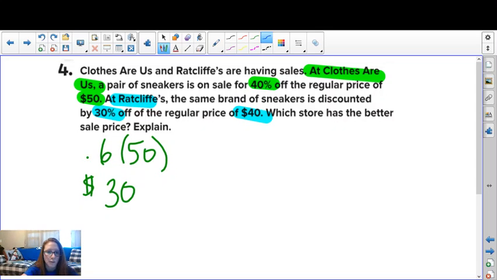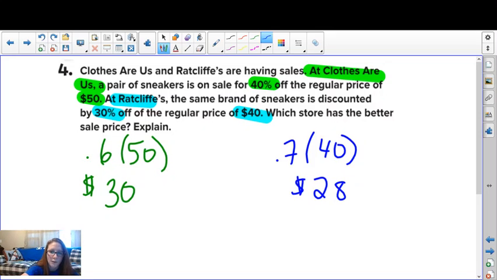And then if I were to go to Ratcliffe's, it would be 30% off. So 70% is what I'm paying out of $40, which would give me $28 that I would pay. So it asks, which store has a better sales price? Explain. Let's change this to a fun purple.